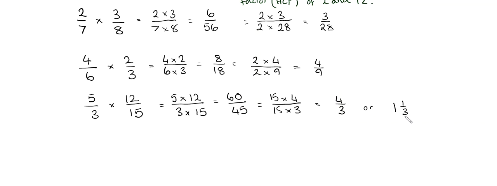4/3 or 1 1/3. Which one's correct? Yeah. Both. Good. Unless you are asked for one, both are true. Just because it's got the word improper doesn't mean wrong. It wouldn't be a trick question if I said to you, give your answer as a mixed number or give your answer as an improper fraction.